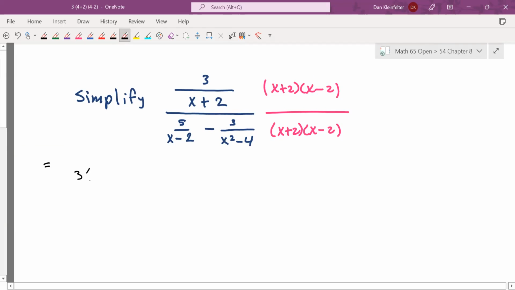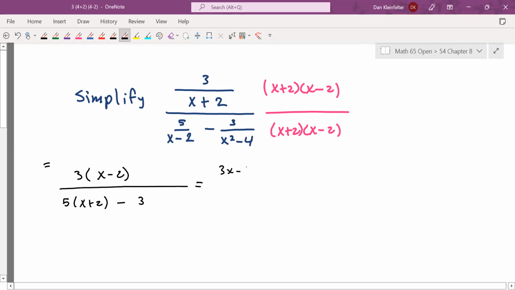We'll be left with 3 times x minus 2. And then down below, where the 5 is, you'll see that the x minus 2's will cancel, and you'll be left with 5 times x plus 2. And we have minus 3. And then the x squared minus 4 is x plus 2 times x minus 2. So the entire denominator there will cancel, leaving us just the 3.